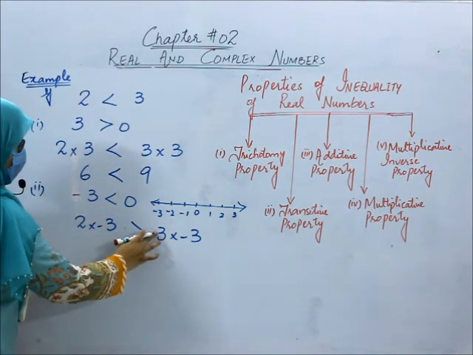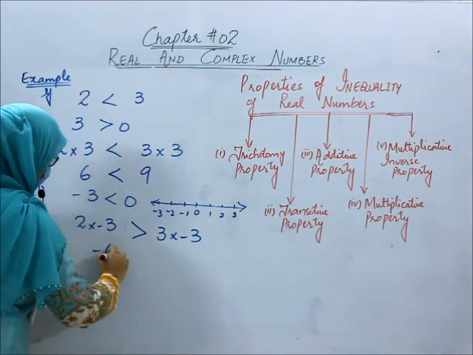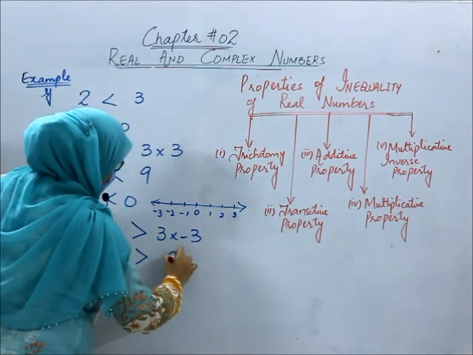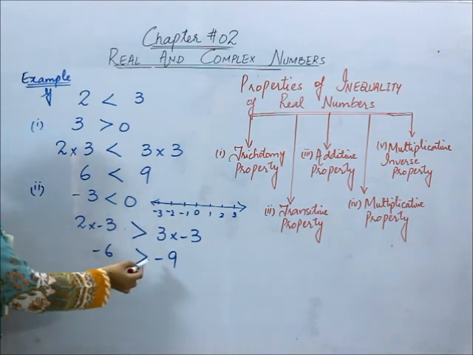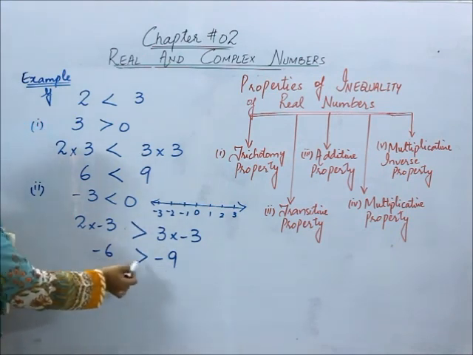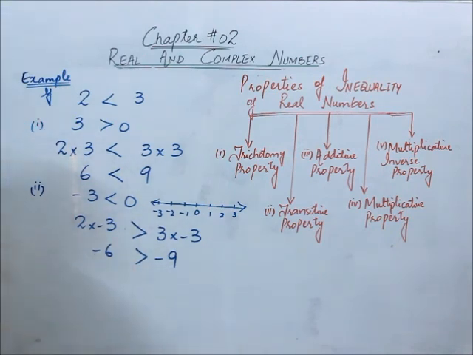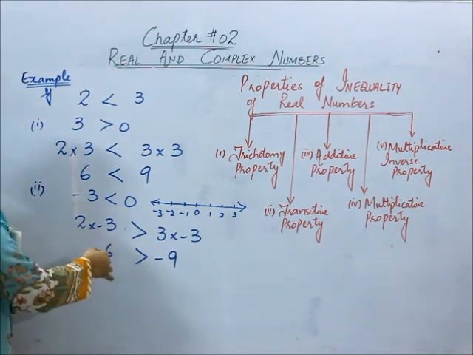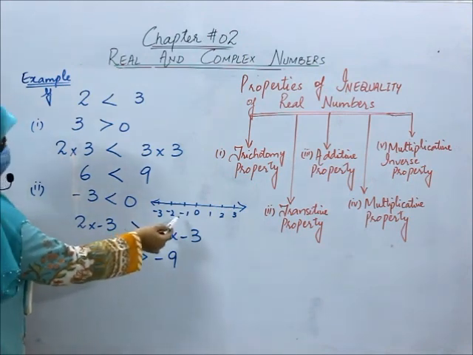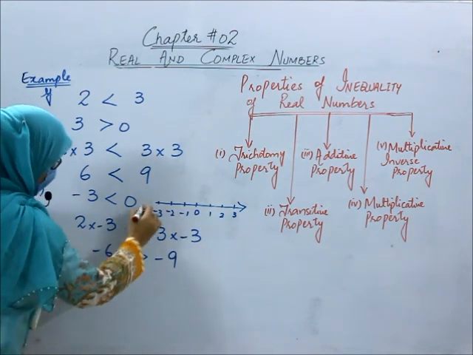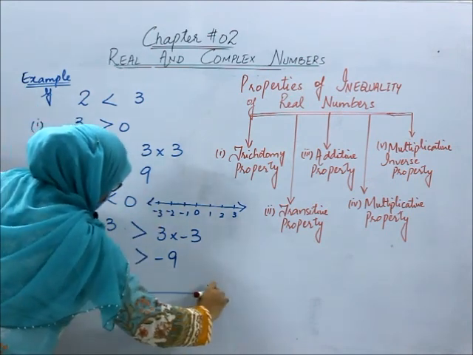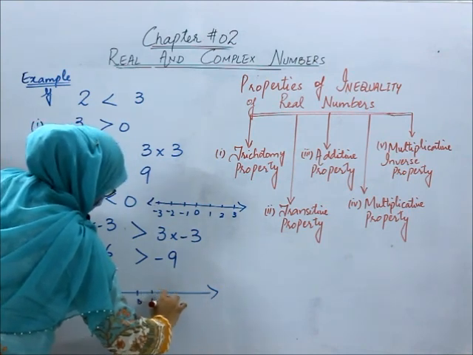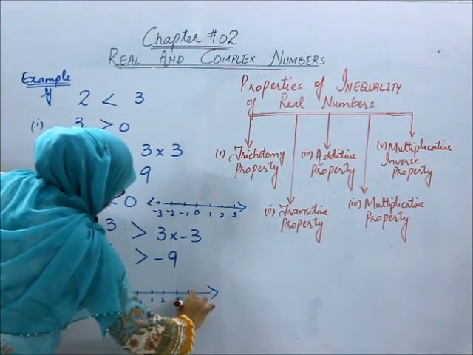Let us see how 3 into 2, minus 6, would be greater than 3 into 3, 9, minus 9. As you can see, minus 6 is greater than minus 9. In negative numbers, the numbers which are smaller are greater. As you can see on the number line, 0, 1, 2, 3, 4, and so on.